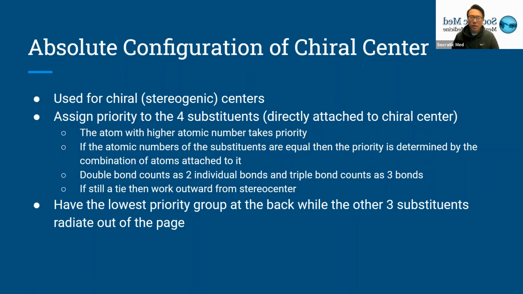And then the lowest priority functional group, you can have that as a dashed line to show that it's pointing into the page because it has the lowest priority. Usually it's like a hydrogen group. Those usually have the lowest priority. So it's usually a hydrogen group sticking into the page.